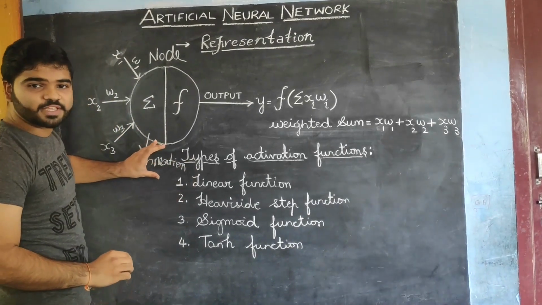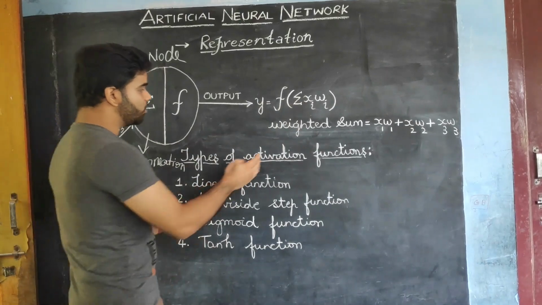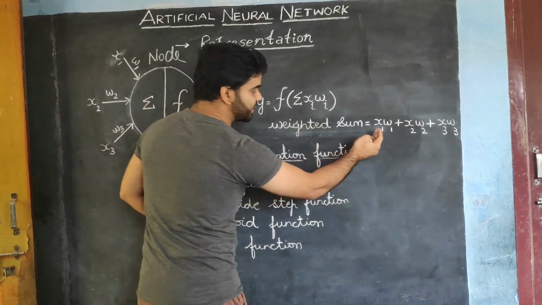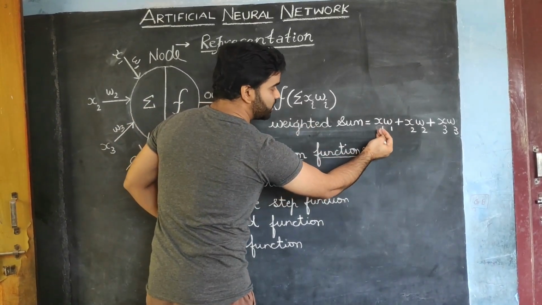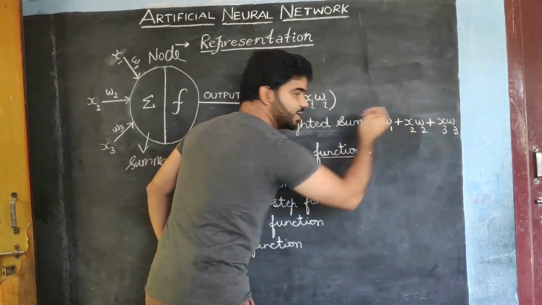The result of this summation operation is known as the weighted sum. This weighted sum is calculated as x1 W1 plus x2 W2 plus x3 W3.